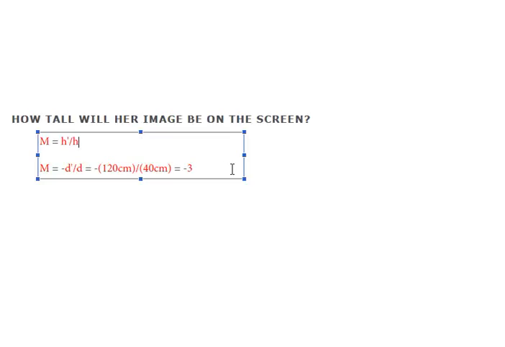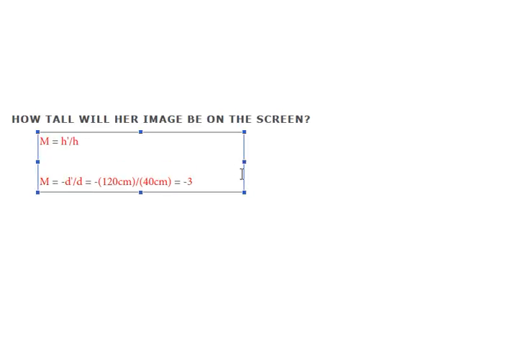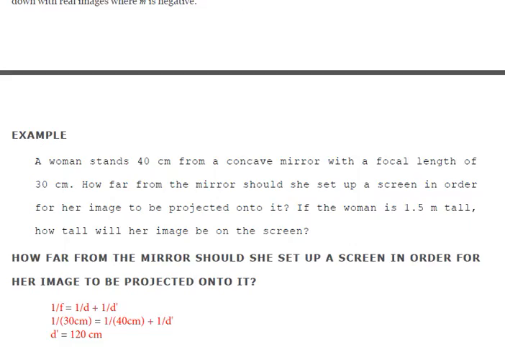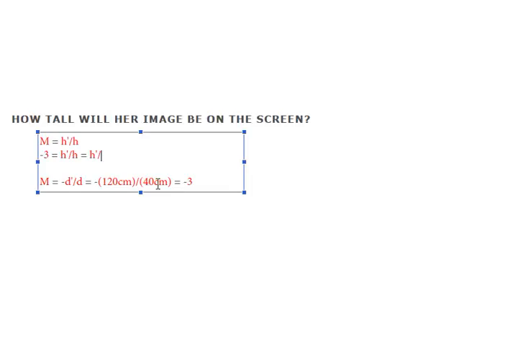So how tall will her image appear? -3 equals h prime over h. And we know her actual height is 1.5 meters.